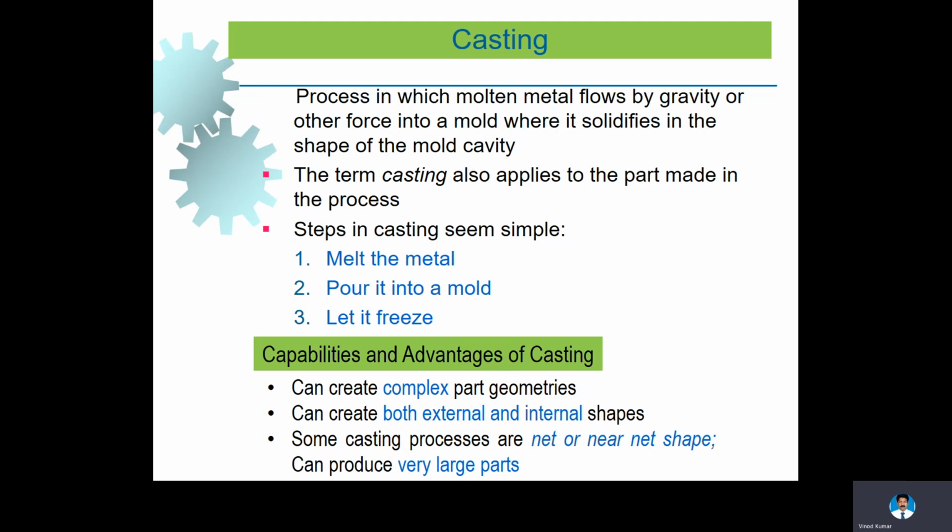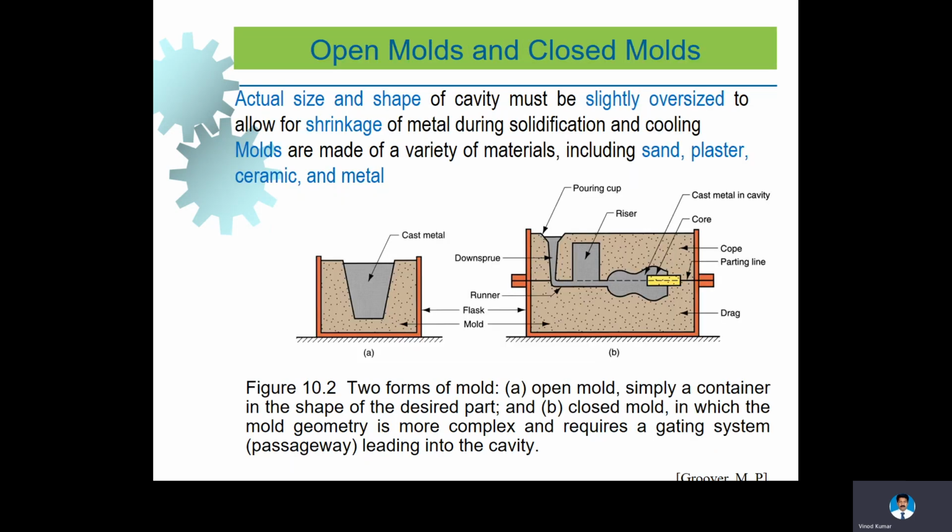We can produce external projections and internal parts. Some casting processes have a net shape or near net shape. We can get close accuracies, and very large parts can be produced by a casting process.